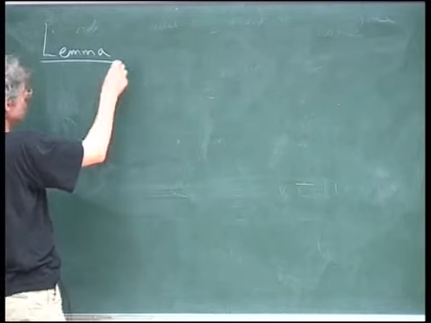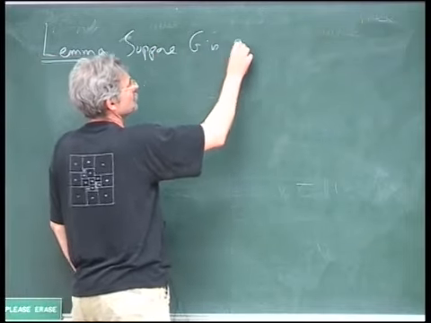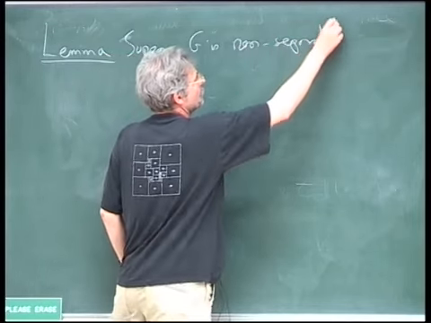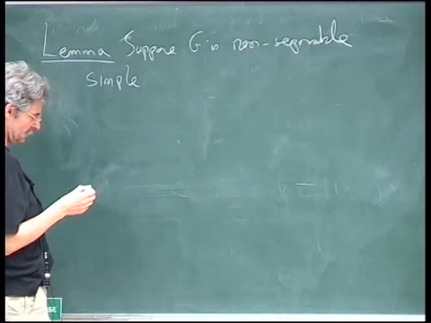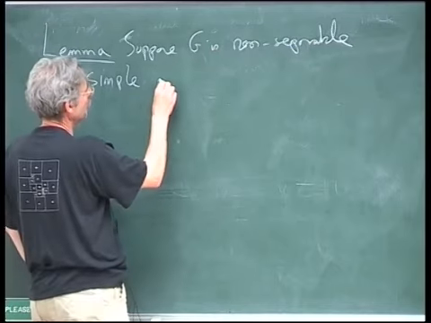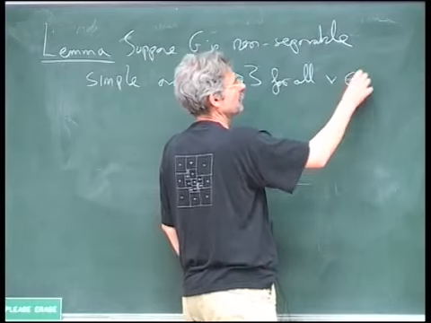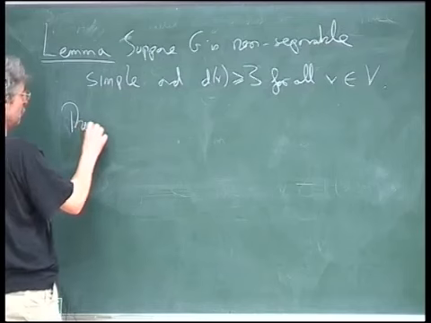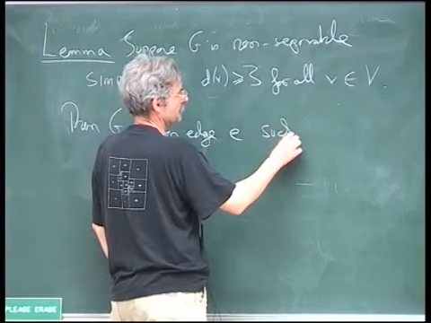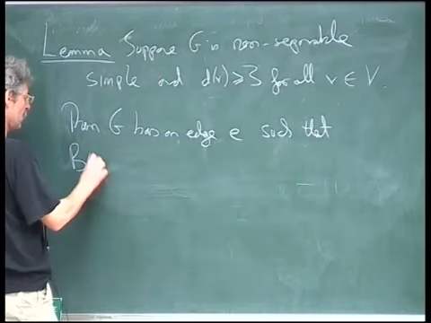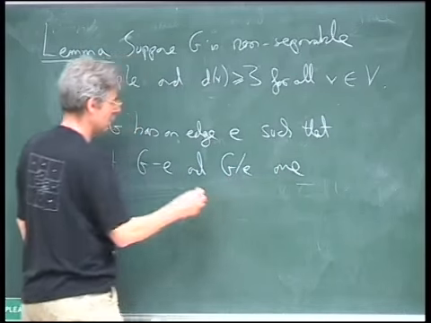But it's very elementary. So suppose G is non-separable, simple, and d(v) is at least 3 for all v, then G has an edge e such that both G minus e and G contract e are non-separable.